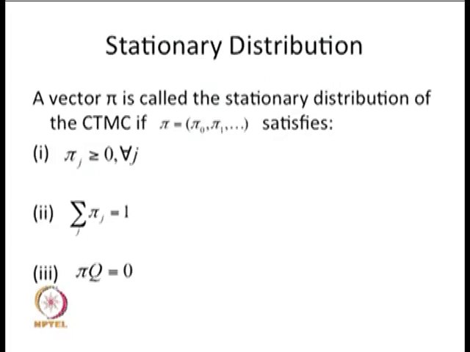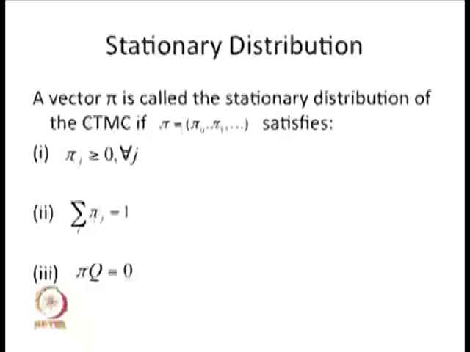I am explaining the stationary distribution also. The way I have discussed it for the DTMC, the CTMC is also the same. So I have a vector. If the vector satisfies these three conditions, probabilities greater than or equal to 0, summation equal to 1, and you should be able to solve this equation and get the pi's.